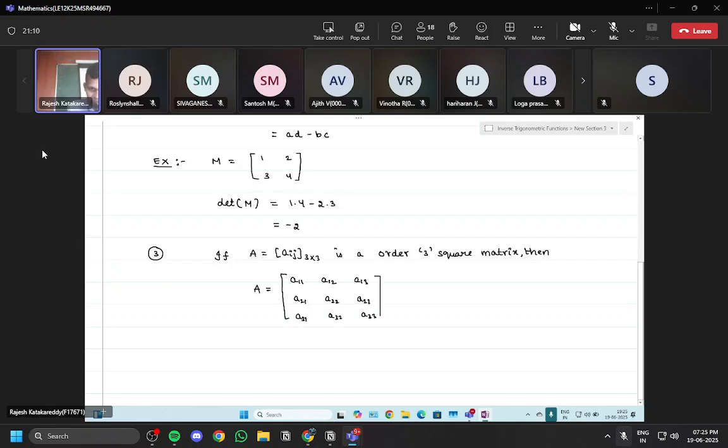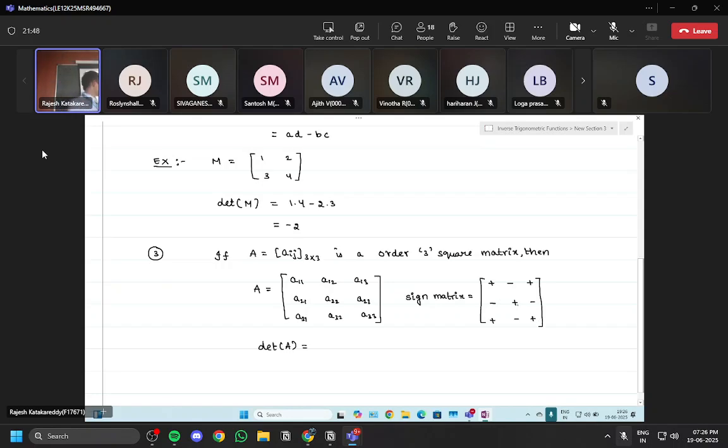It is a third order square matrix. I am finding determinant of this A, that is det A is equals to, right? So I can pick any column or any row. Again sign matrix I am writing here. For order 3, we will follow the sign matrix. Always plus, minus, plus. Row 1 I started with plus, now it will be minus, plus, minus, and it will be plus, minus, plus. Alternatively, plus and minus will go.